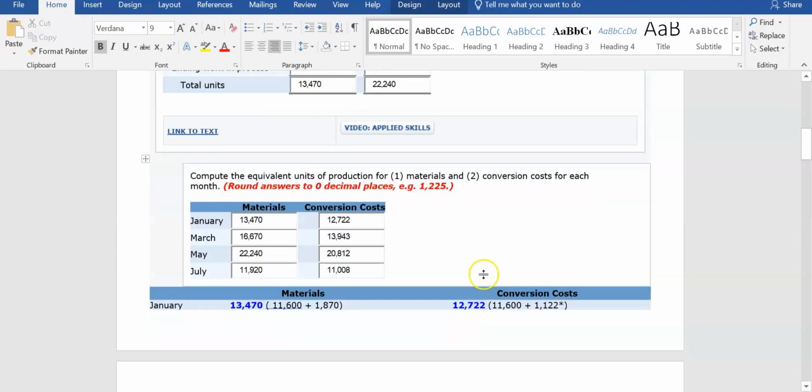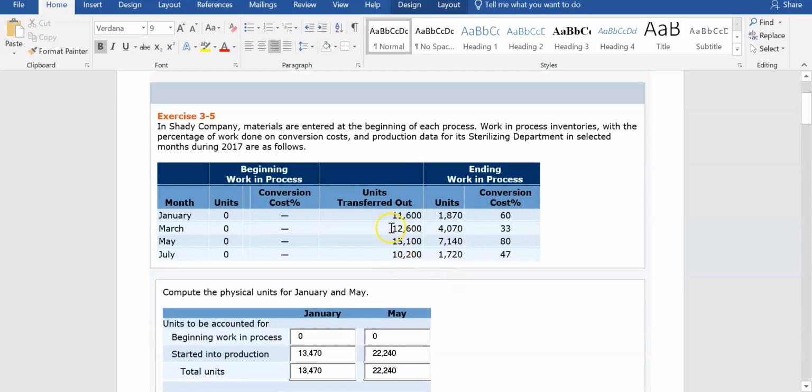For conversion cost, 12,600 units transferred out, they are 100% complete with respect to conversion because they wouldn't have been transferred out if they weren't complete.